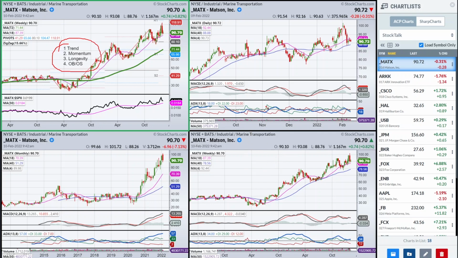So let's start with Matson, MATX. The stock on the monthly chart has made a pretty big move since this breakout around 40. We had one pullback and then we've made another move, and now we've reached this big round number. And notice what's starting to take place here. MACD did not confirm this last new high.